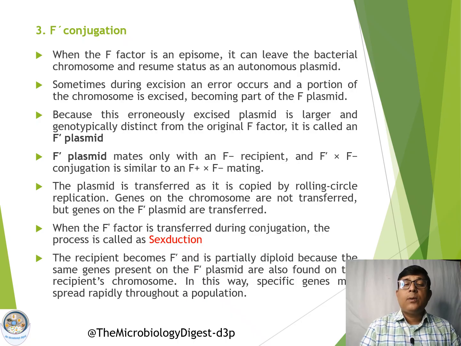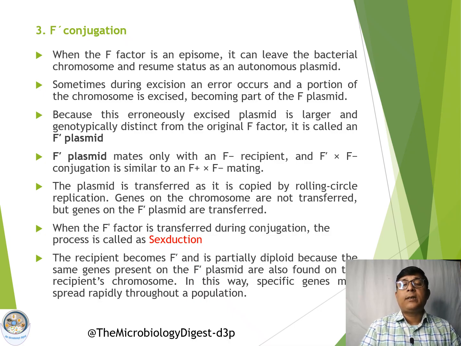Where it should be excised, it doesn't happen accurately, but instead some portion of the bacterial chromosome also gets excised along with the plasmid, and it becomes a part of the F plasmid.